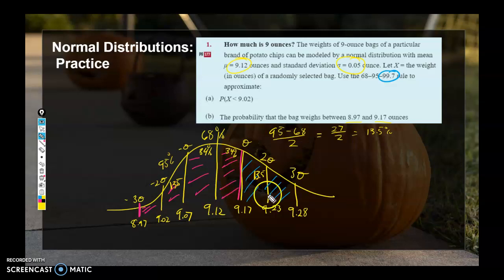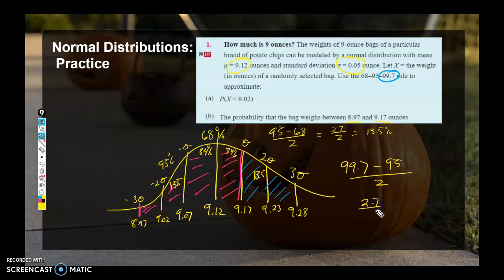And then let's go again. So if I want to know this slice and this slice, well, 95% was contained within 2 standard deviations. 99.7 is contained within 3 standard deviations. So let's subtract out the 95, and then we got to divide it by 2 because there's 2 of them.